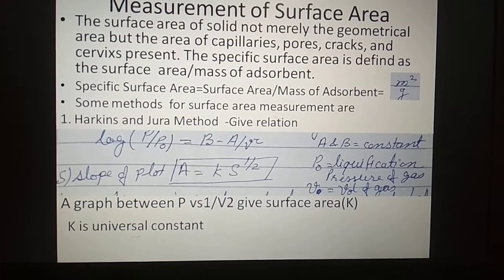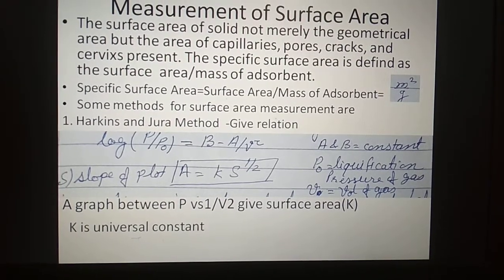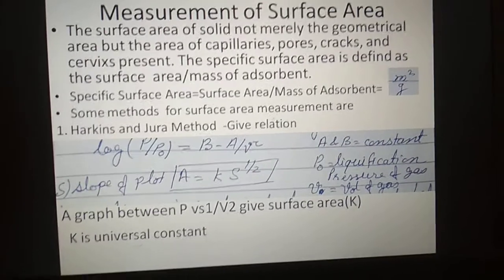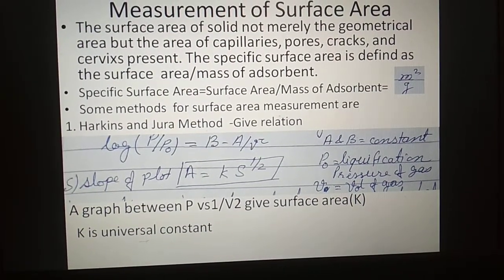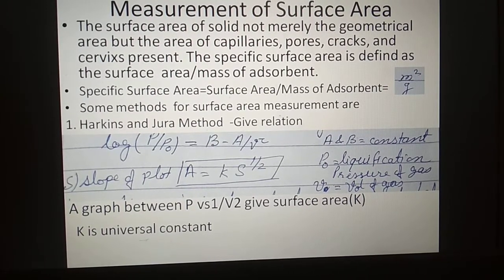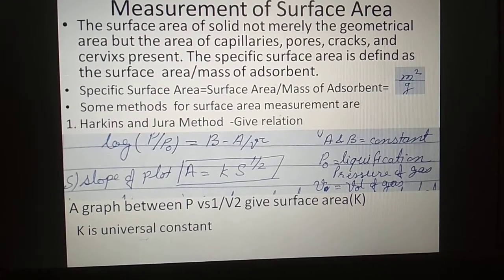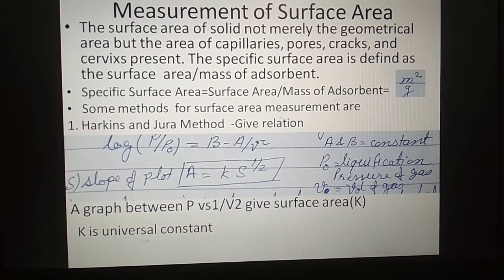The specific surface area is defined as the surface area per mass of adsorbent. Specific surface area is equal to surface area by mass of adsorbent, which is equal to m² per g.